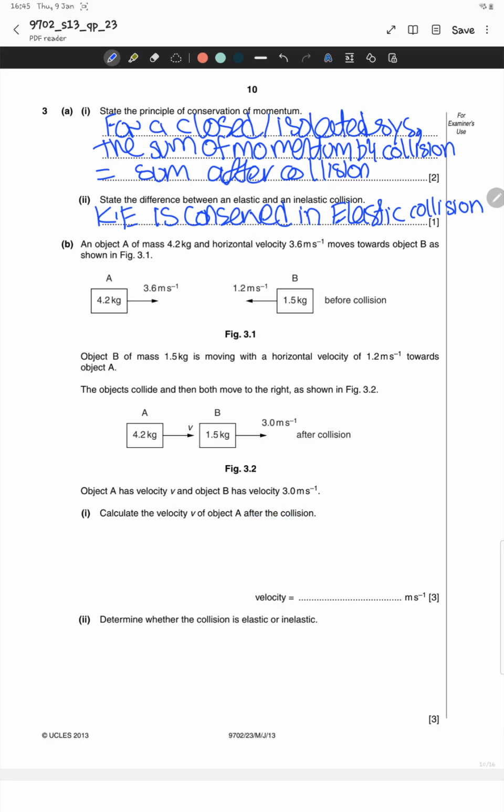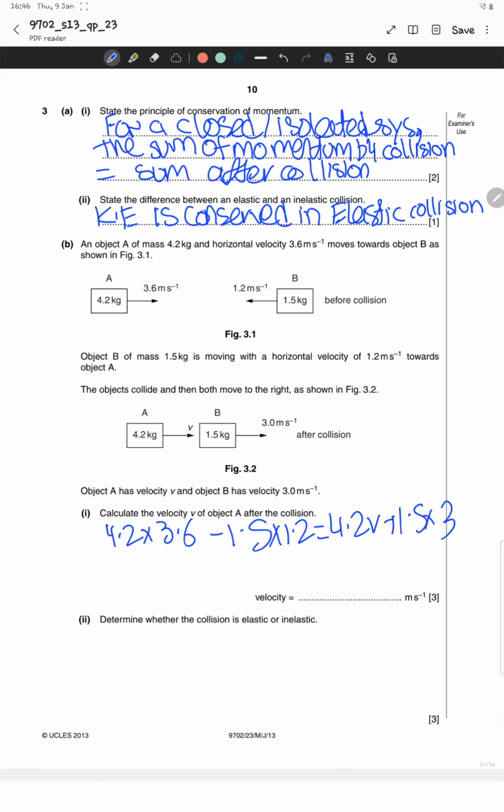So this is just sum of momentum before equals sum of momentum after collision. Here it would be 4.2 times 3.6. This is the momentum of A, and then you have to put a minus for B because they're in different directions. Momentum is a vector. So 4.2 times 3.6 minus 1.5 times 1.2 equals, to the right, 4.2 v plus 1.5 times 3.